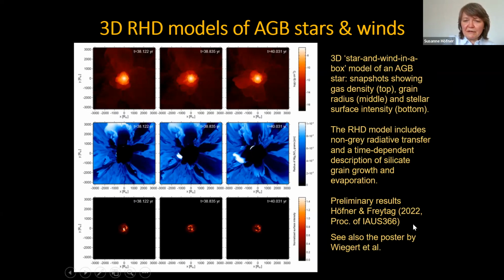This is actually available on the archive now since a few days ago. There's also a poster out there by Joachim Wiegert, who is actually in the conference room, or should be in the conference room. And it tells about our plans to produce observables from these models.